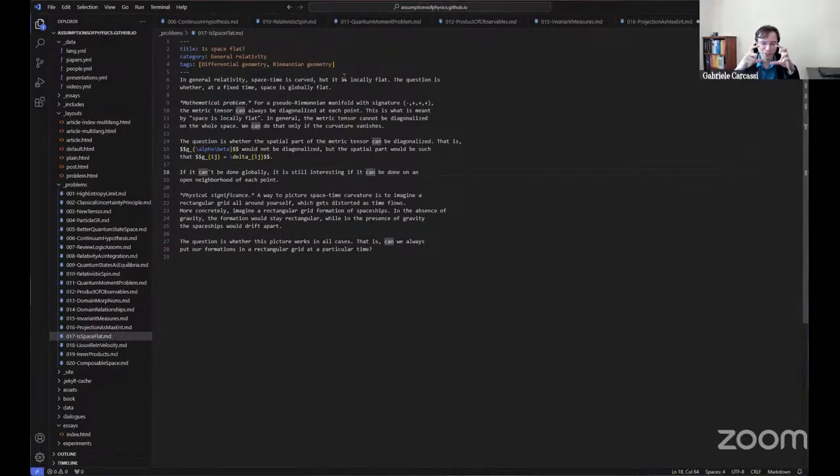So if you imagine your metric tensor, it would be flat if you can make it diagonal, so we have no off-diagonal terms. And that you can always do locally. If you change points, you're going to get off-diagonal terms.